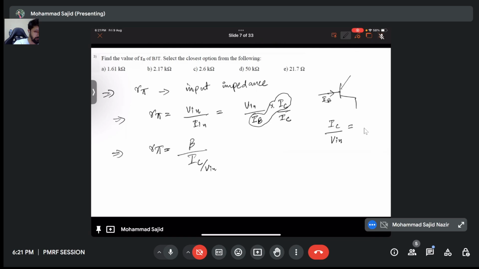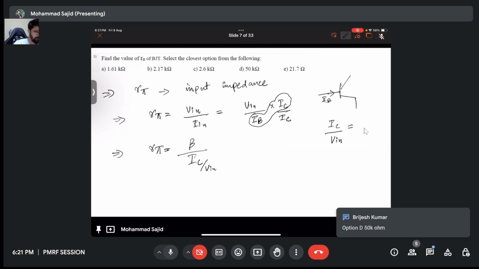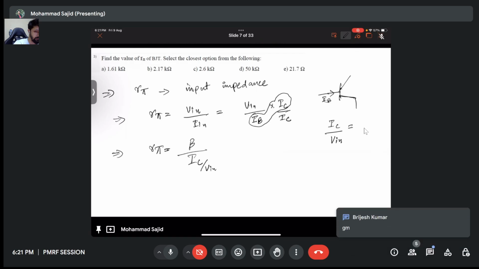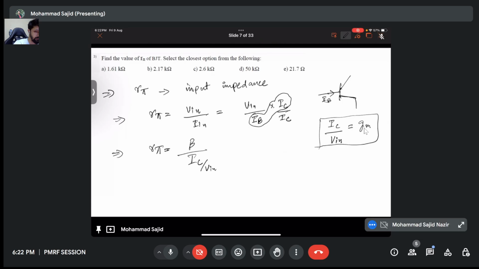Take a minute and you can write it in the chat box. I'm just asking what is IC by V in? So solving the questions is easy, you just understand these terms. GM means transconductance. So I can write beta by GM. So this is one formula to calculate R pi other than directly using voltage by current.